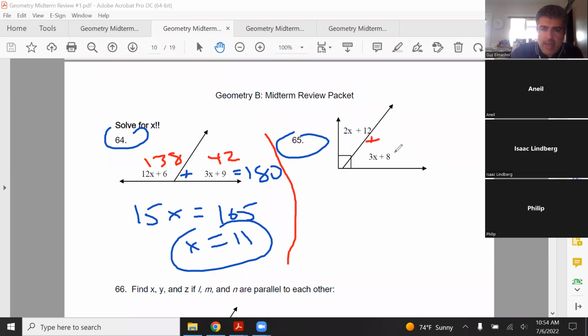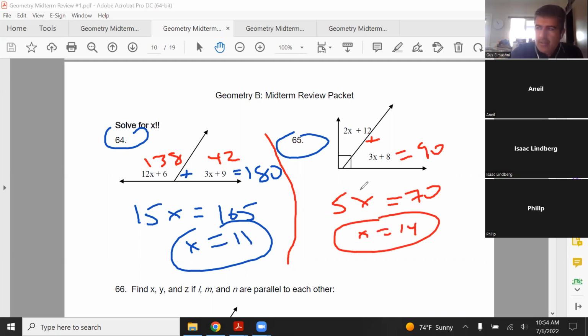And then these two have to add up to 90. So then you're going to have 5x equals 70, because you have 12 plus 8 is 20, move to the right side. 90 minus 20 is 70. X is 14. So again, should be pretty straightforward. Not too bad, right?